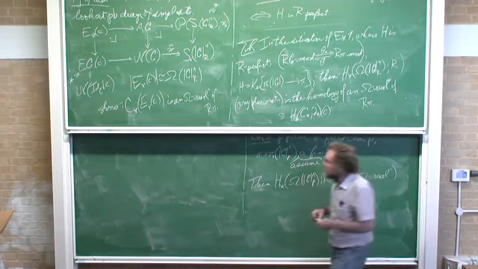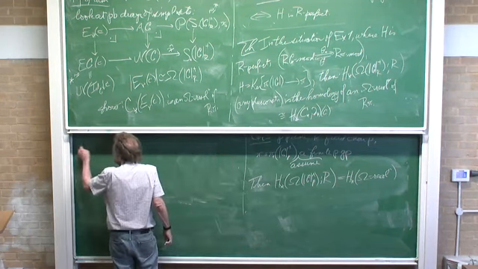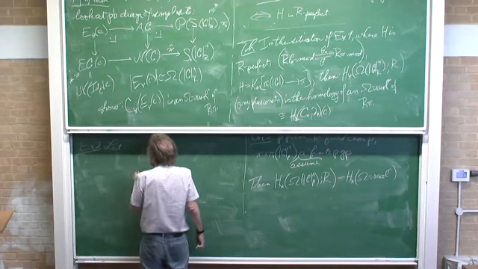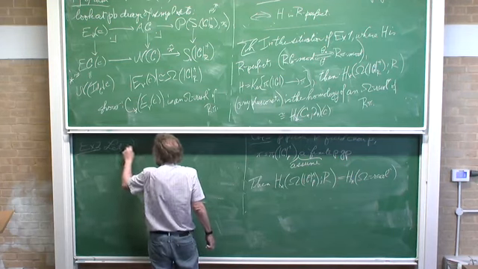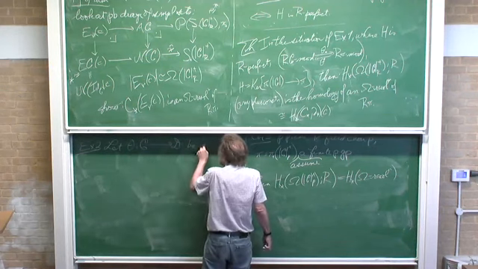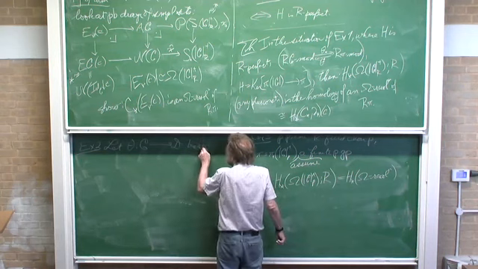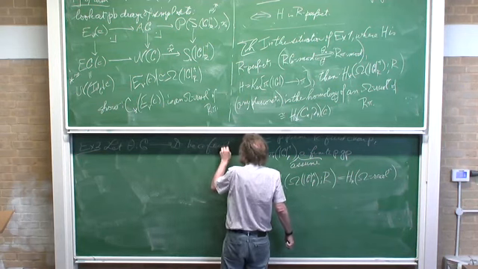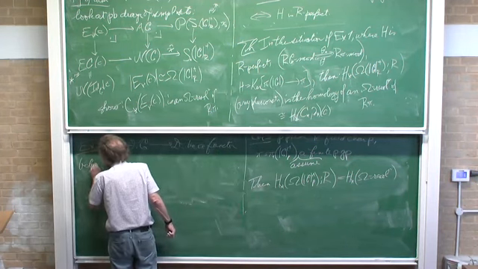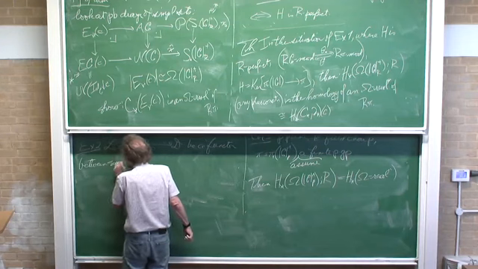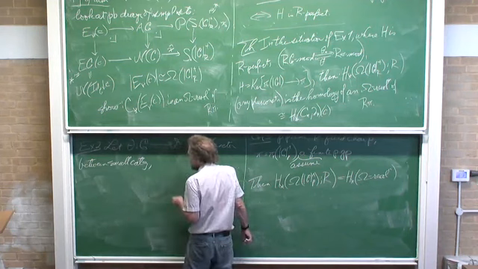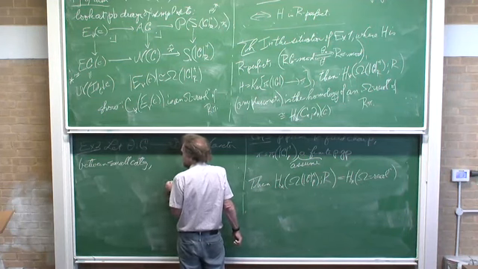So to finish, just one more example. I'll still call it data: the functor between small categories that's bijective on objects and surjective on morphisms.